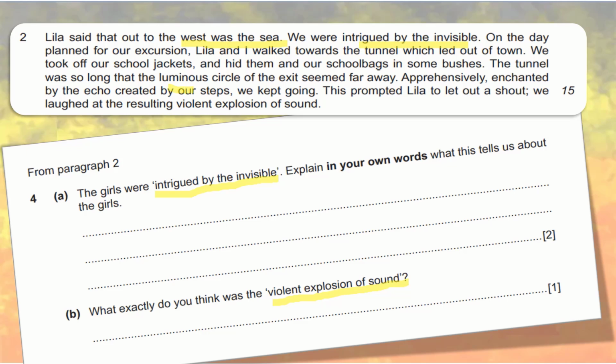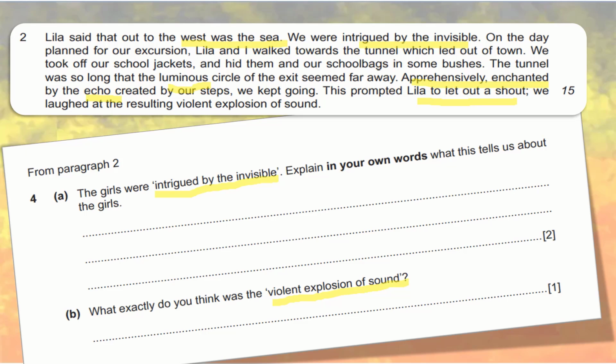Apparently they were happy, they were fascinated by the echo created by our steps. We kept going. As you have seen, a tunnel is a closed space and it creates a lot of noise. This prompted Leela to let out a shout. So Leela shouted with the echo effect. We laughed at the resulting violent explosion of the sound.